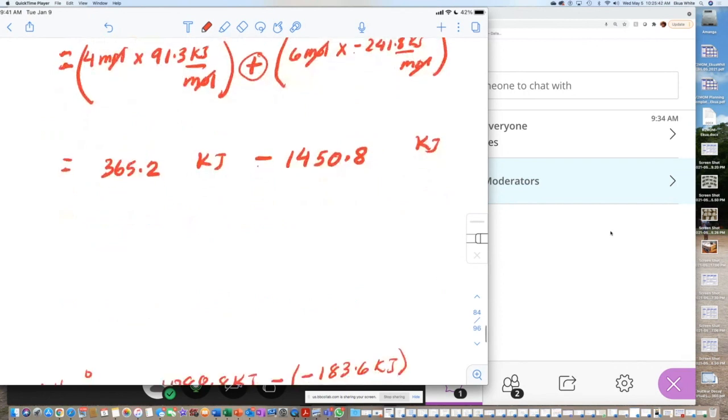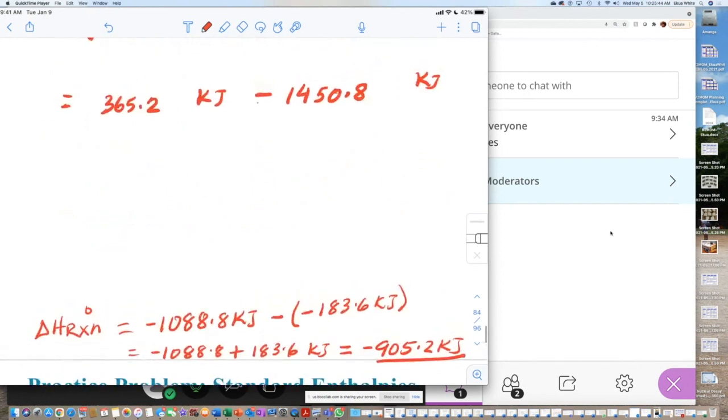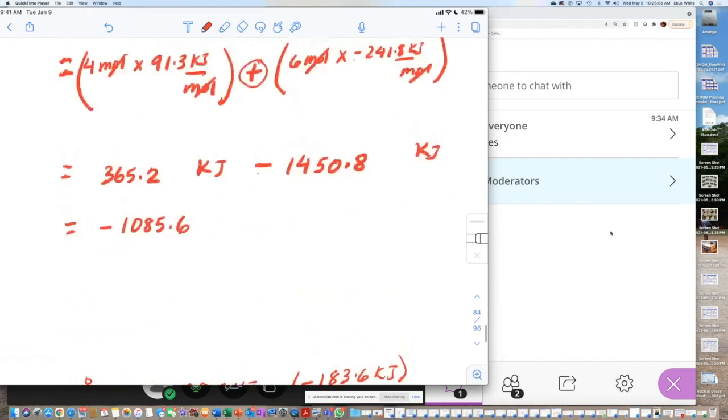When I combine these, what do I get? I have the second number plus 365.2, which gives negative 1085.6.